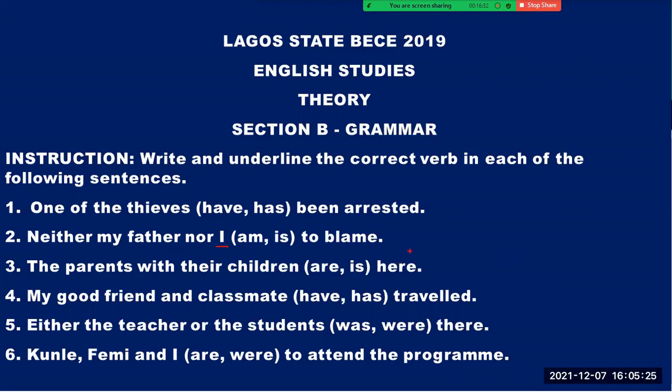Proximity means nearness. So the rule is that the particular subject that is closer to the verb determines the verb to be chosen. And you cannot say "I is." No. You can only say "I am." So neither my father nor I am to blame.